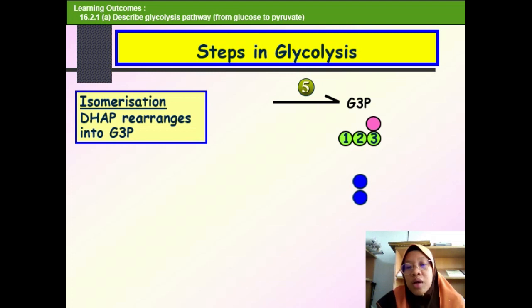Okay, so bila dia buang 2 hydrogen atom, maknanya G3P undergo oxidation process. So yang terima hydrogen ni ialah siapa yang terima? Electron carrier. Di sini yang terima adalah NAD+. Right, NAD+ receive 2 hydrogen atom ni.